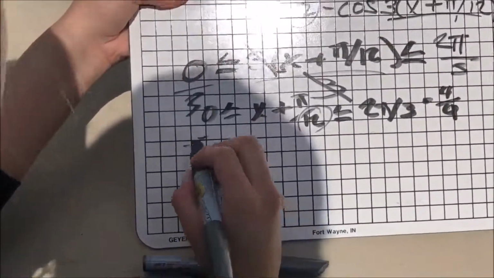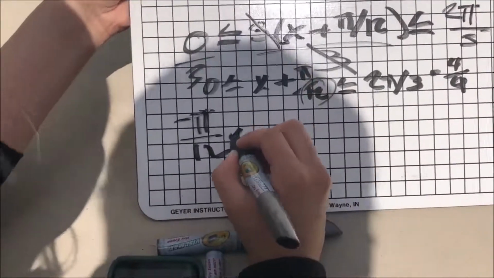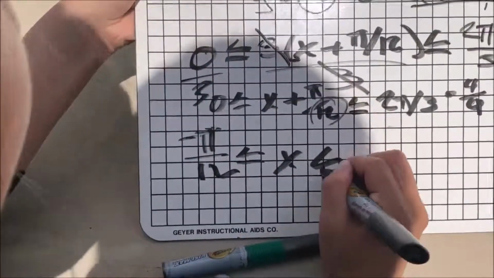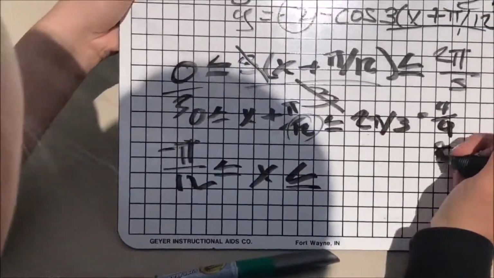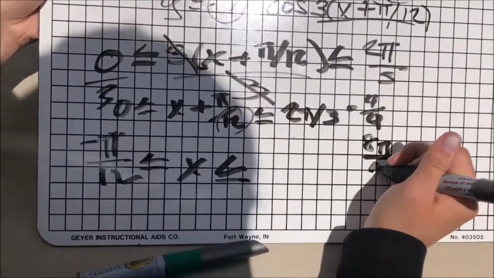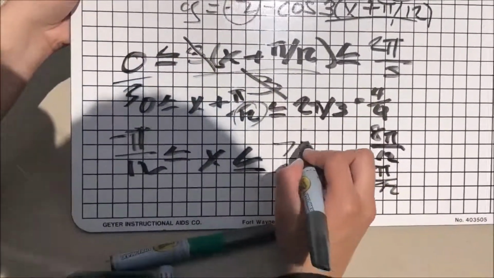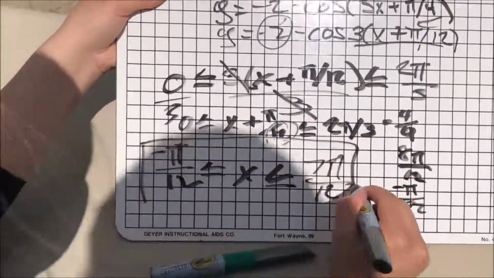Okay, so we get pi over 12, negative pi over 12, right? And then right here we get x, and then we have 8 pi over 12, right? And we subtracted pi over 12, which gets us 7 pi over 12.